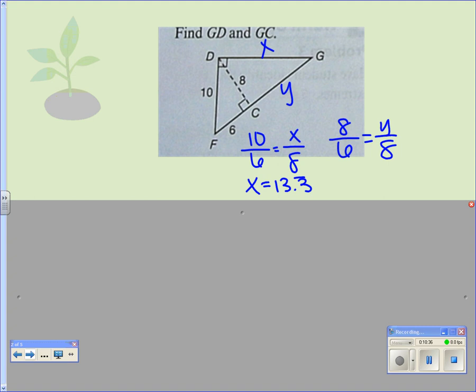And what do you get for y? Right? No, 10. 10.6 repeating. Oh, no. Well, okay, the whole FG is 16.6. So, you win. Any questions there? Okay.